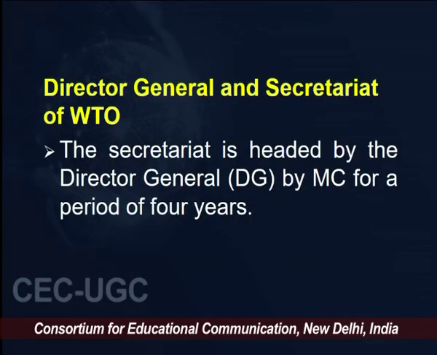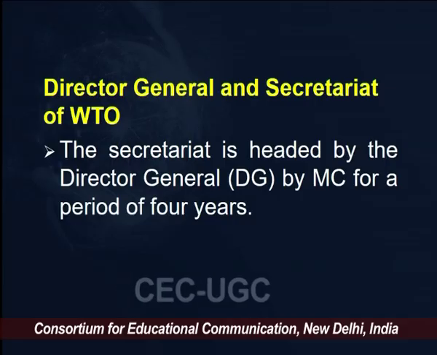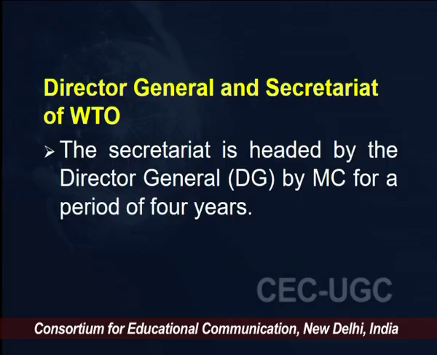The other body is the Director General and the Secretariat of WTO. The Secretariat is headed by the Director General, appointed by the MC, that is the Ministerial Conference, for a period of 4 years. It has no decision making power, but the Secretariat provides administrative services and advice. The Trade Dispute Settlement Body is another body under WTO.